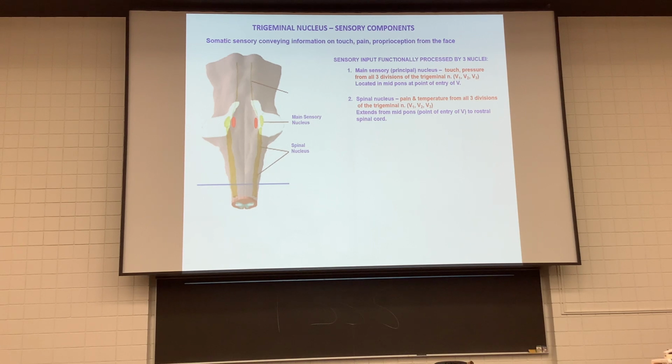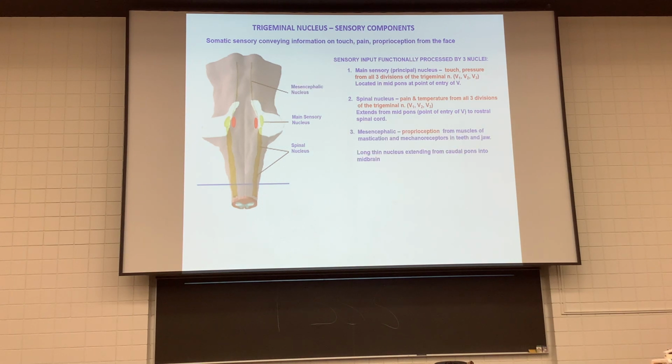The spinal nucleus begins in mid-pons, and we're going to see it in all sections until we get to the rostral pons, sitting out here laterally. The nucleus, and then the fiber tracts sitting around it laterally, carry pain from all 3 divisions.